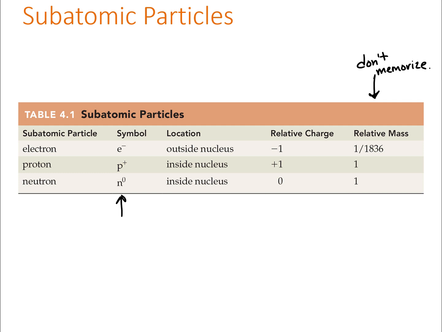So you don't need to memorize that an electron is 1/1836 of the mass of a proton. I just want you to know that the electron is tiny and the proton and the neutron are the same mass. That's all you need to know.